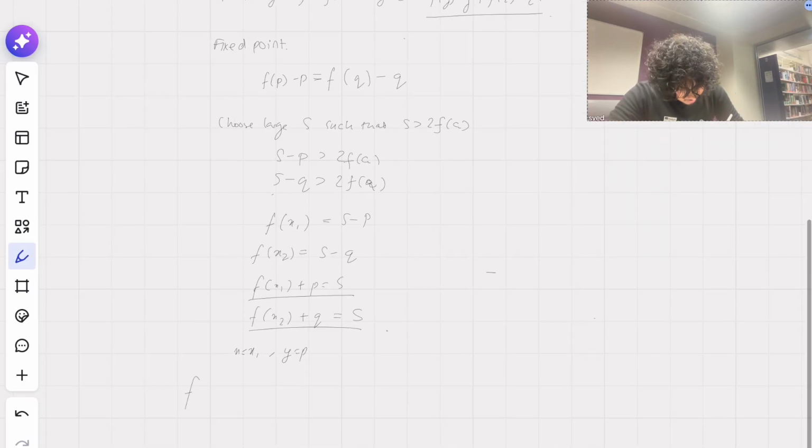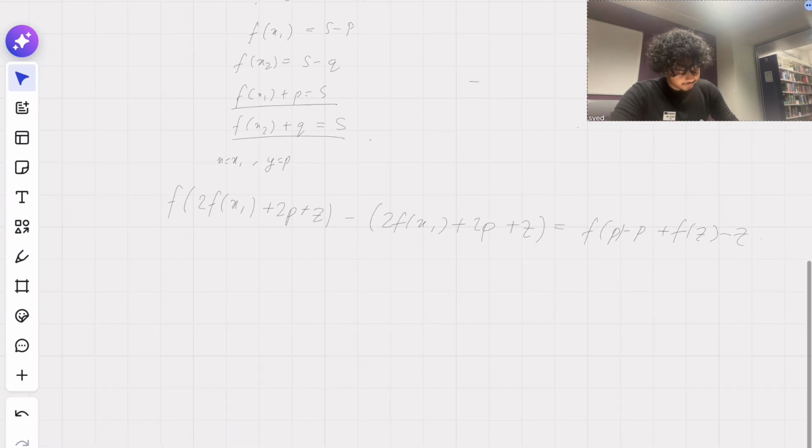f(2f(x1) + 2p + z) - 2f(x1) - 2p + 2p + z is equal to f(p) - p + f(z) - z, right?